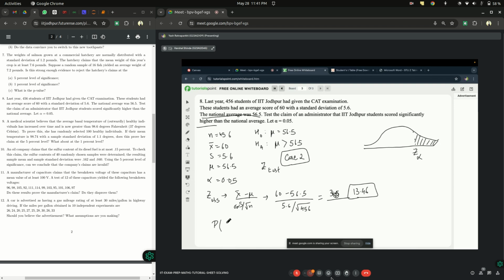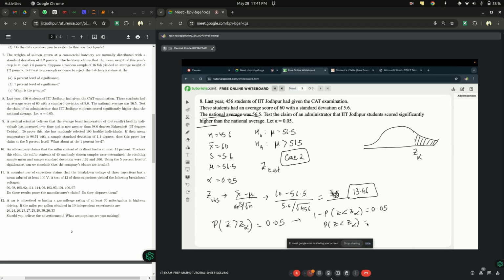So I'll be interested in finding this. My P of Z greater than Z alpha is 0.05, correct? Yes. So what I'll do, 1 minus P of Z less than Z alpha, that will be 0.05. That means I need to find the value for Z alpha.